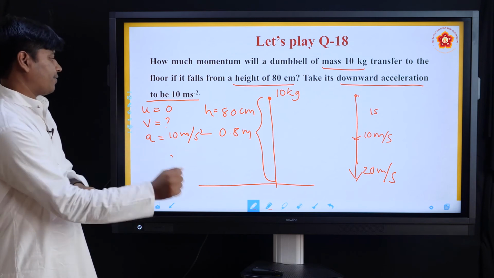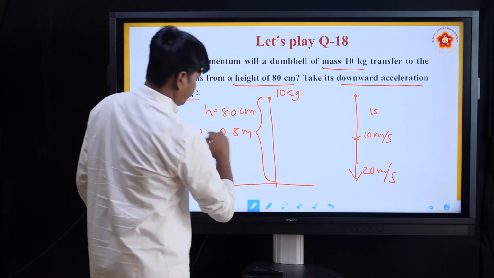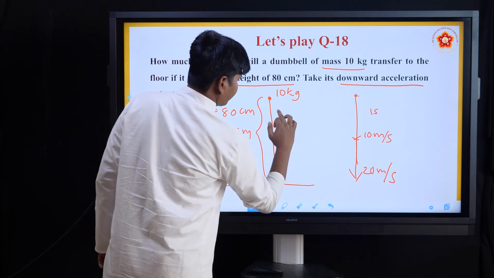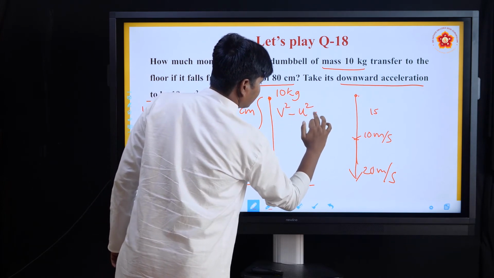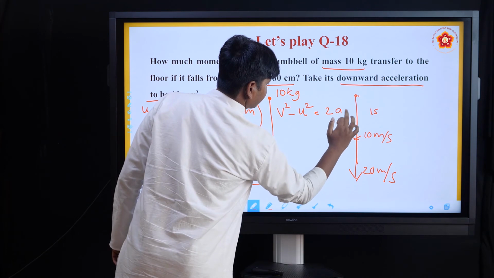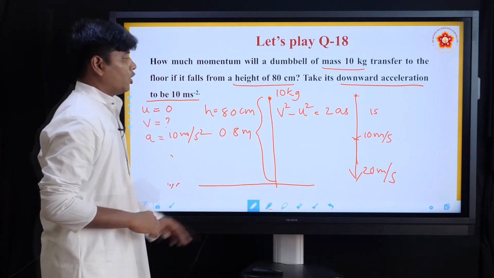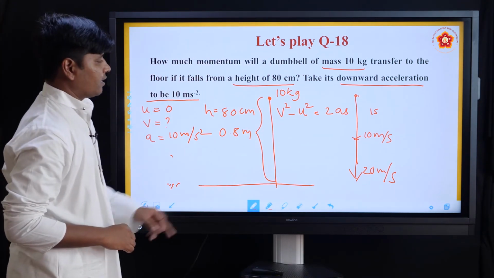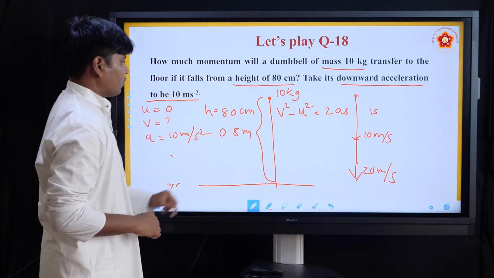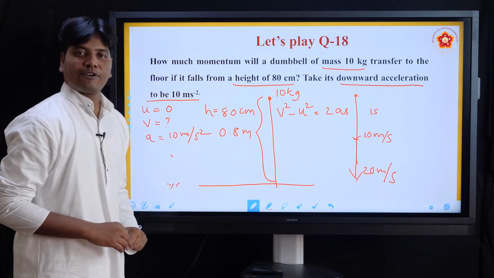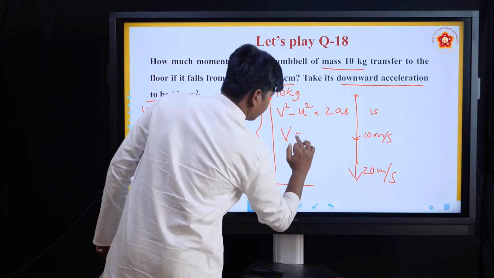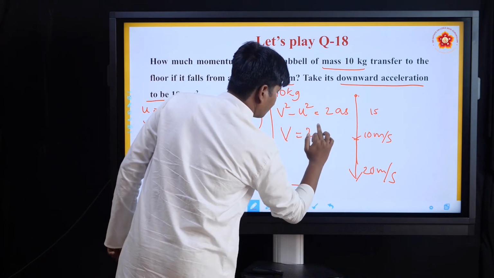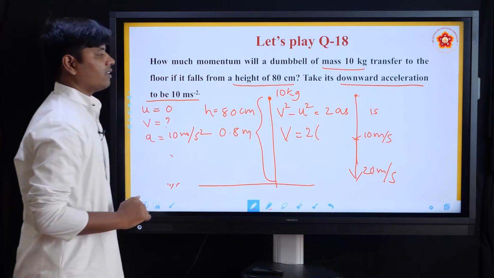Yes, we can, using the third equation of motion: v squared minus u squared is equal to 2as. You know the initial velocity u is equal to 0. We want to know the final velocity v.